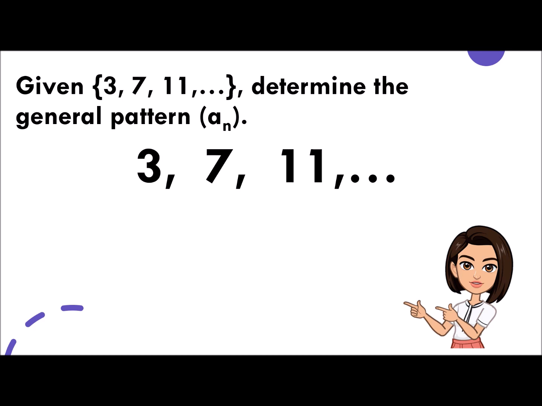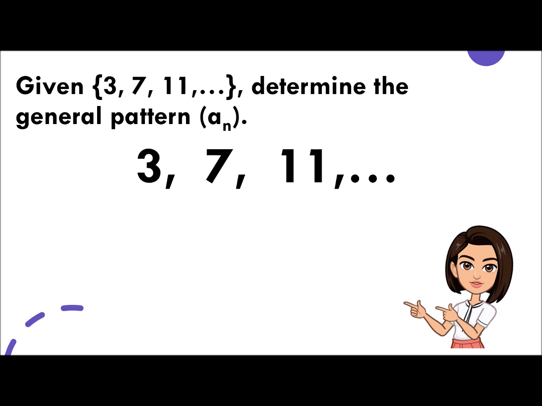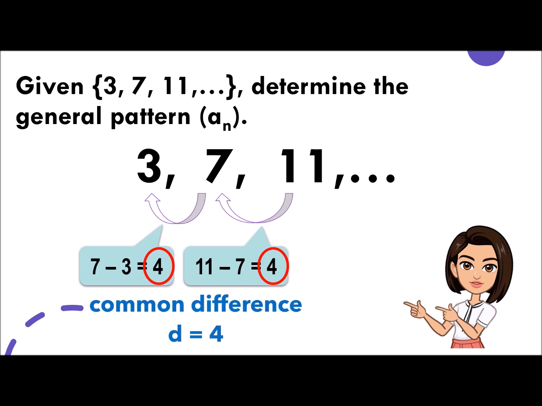Subtract the two consecutive terms from right going to your left. So let's have 3 and 7. We will now have 7 minus 3, that is 4. And then 11 minus 7, that is also 4. That gives us the common difference, with a symbol of small letter d, which is 4.